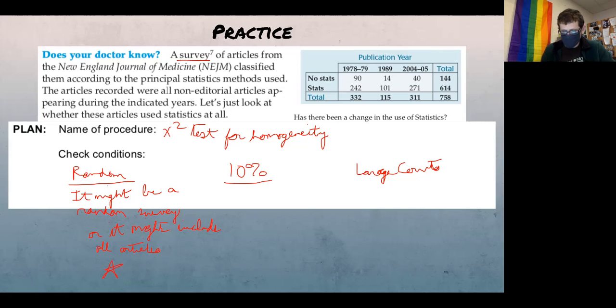10%. Well, if it's all of the articles, then this is a census and it's no longer a sample, right? We're getting everything from the population. But we will assume that this is less than 10% of the population.